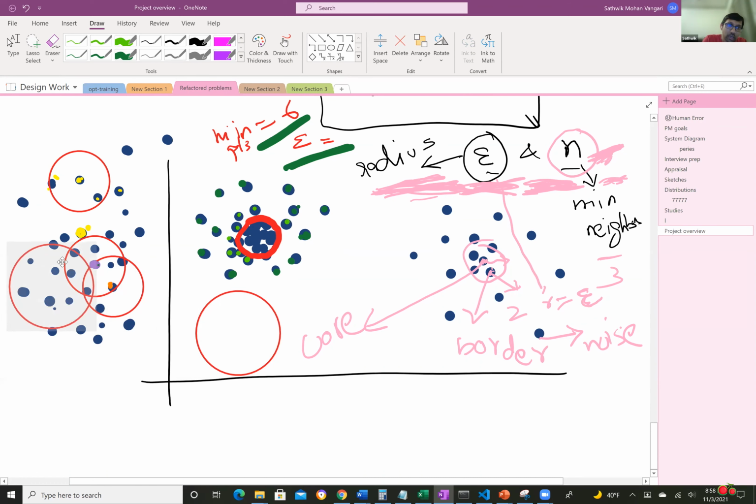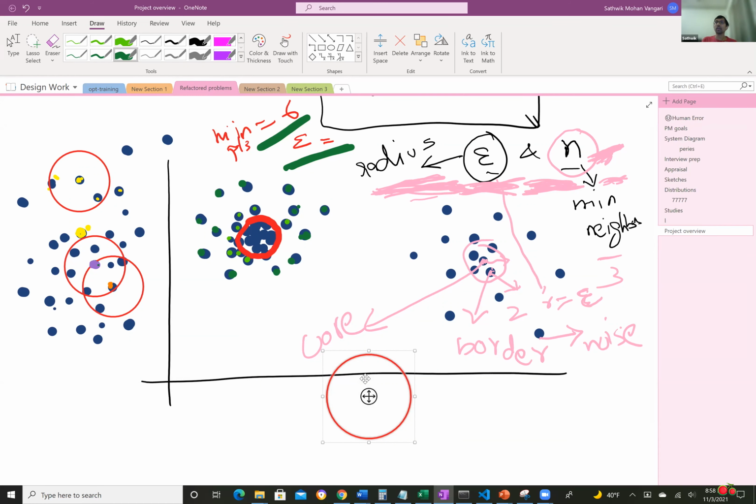If you see, a lot more points will be added to the cluster. The smaller the circle, the closer the points are expected to be. The bigger your circle, the more points you can add to your core or to your cluster.